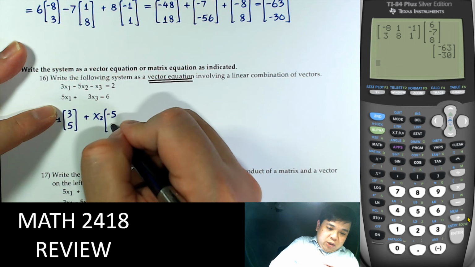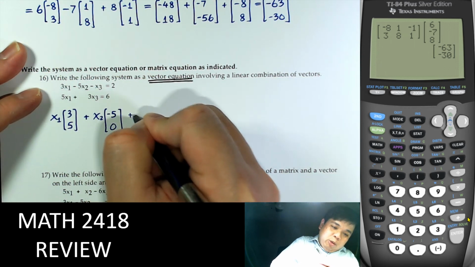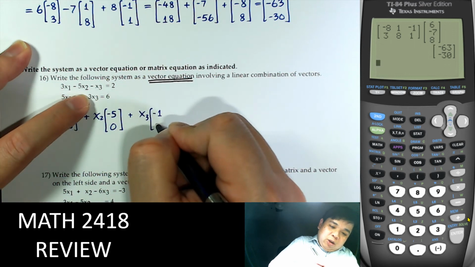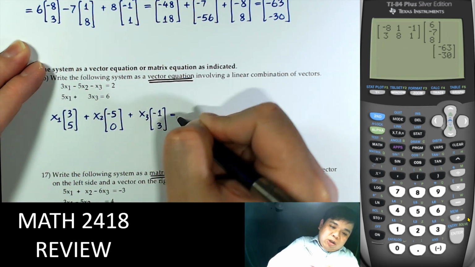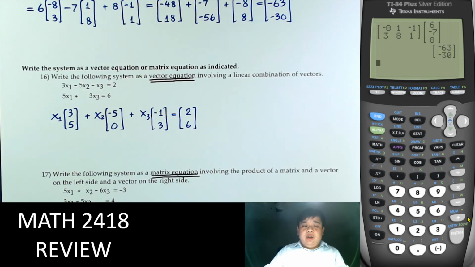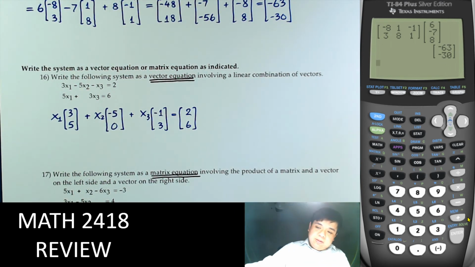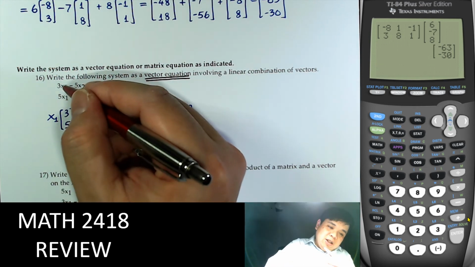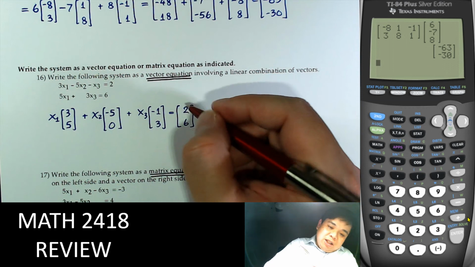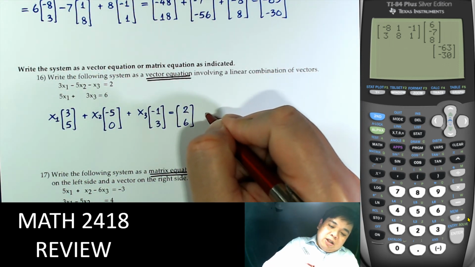And then no x2 here. And if we factor out x3, we have -1 and 3, equal to 2 and 6. So this is our vector equation. Just for each column, factor out the weights. So this is in the vector form.